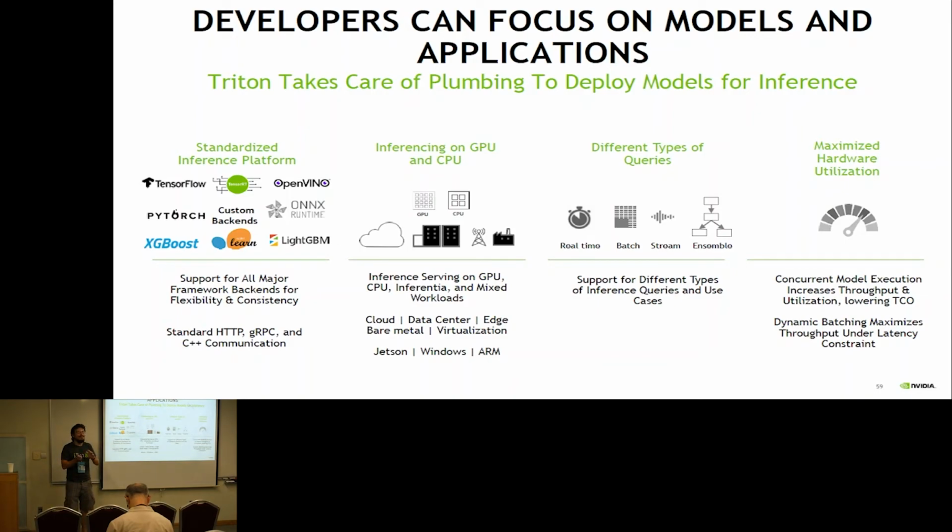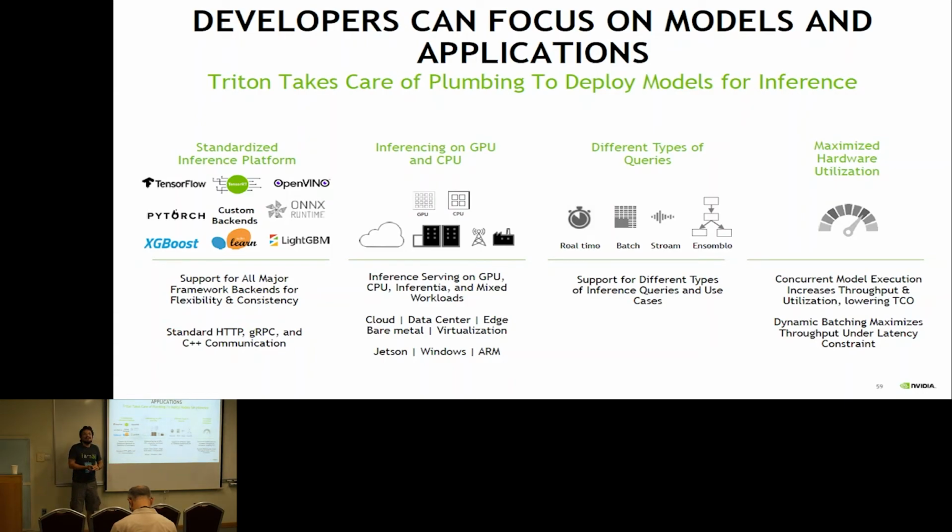But I often get asked, what is the key feature of Triton that we can't implement ourselves? Well, every separate feature of Triton is rather easy to implement, but the key benefit of Triton is that it's able to run all the models from all the different frameworks in all the scenarios, be it CPU running, GPU running, on-prem, in the cloud, or on Jetsons.